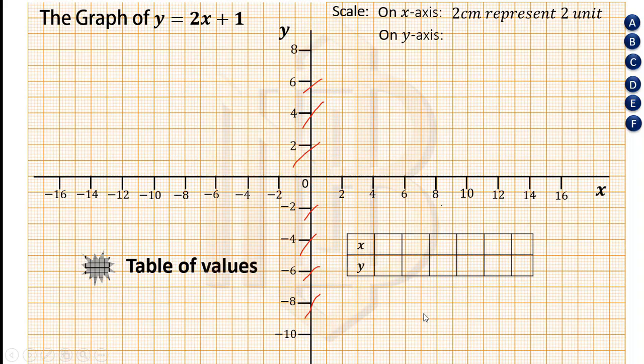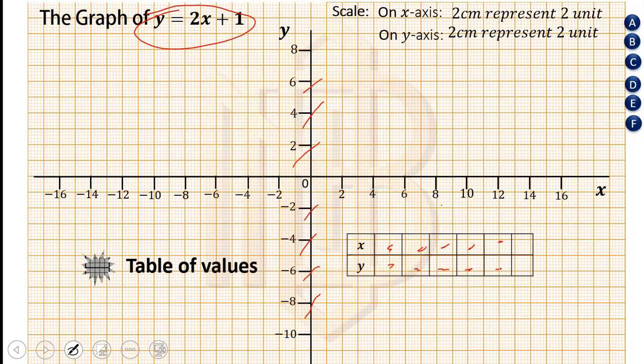Of course, you have your table of values as whatever values result from the equation that you are given. It is the equation that will determine that eventually. Because the values you have will be your coordinates, the coordinates that you're going to be plotting in your graph book.